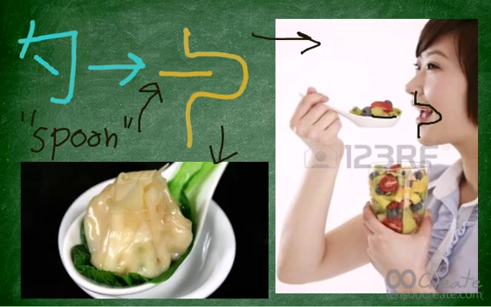It is not something that I think that it actually is, but it could be that this is the spoon or the mouth, and this is the spoon with the contents. Therefore, it's going to be eaten. Again, that's a theory, but it makes sense to me. Therefore, I'm going to stick with it, and that's what this part of the character means.